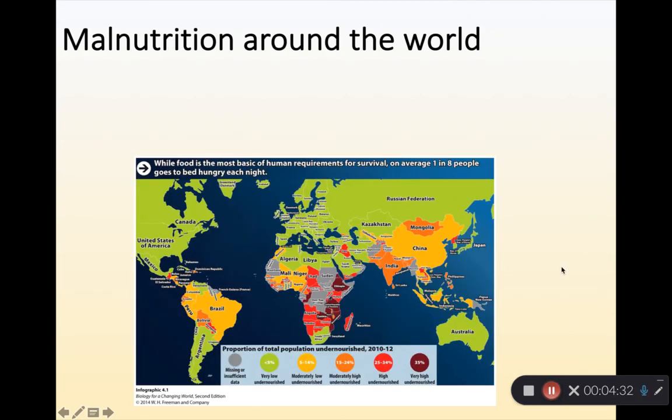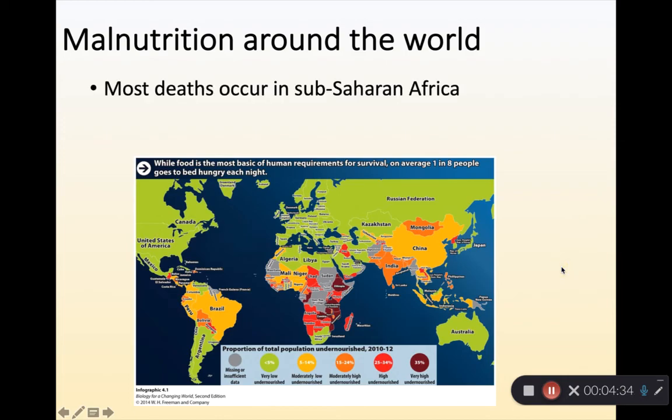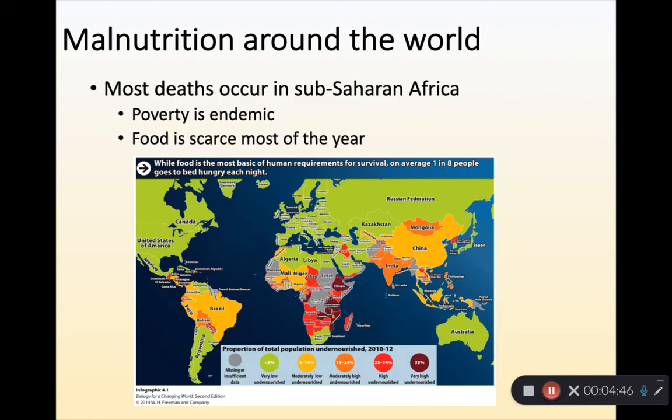When we look at where malnutrition tends to happen and where the highest deaths happen, we're looking particularly at sub-Saharan Africa, where we have lots of conflict, high levels of poverty, and critically, food scarcities for large portions of the year. And this is getting worse with climate change.